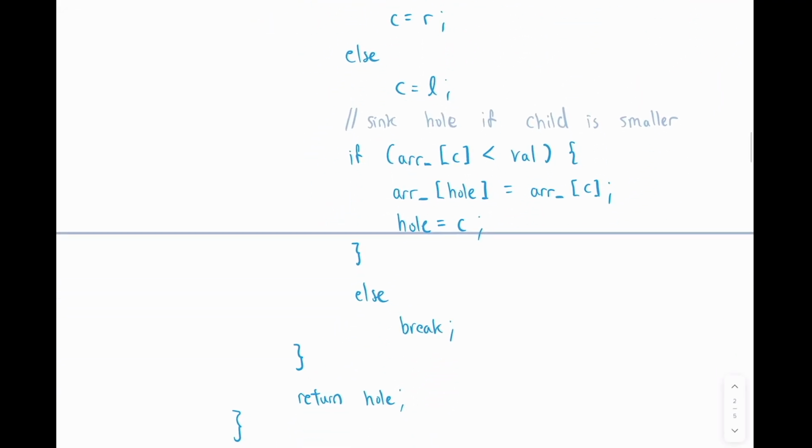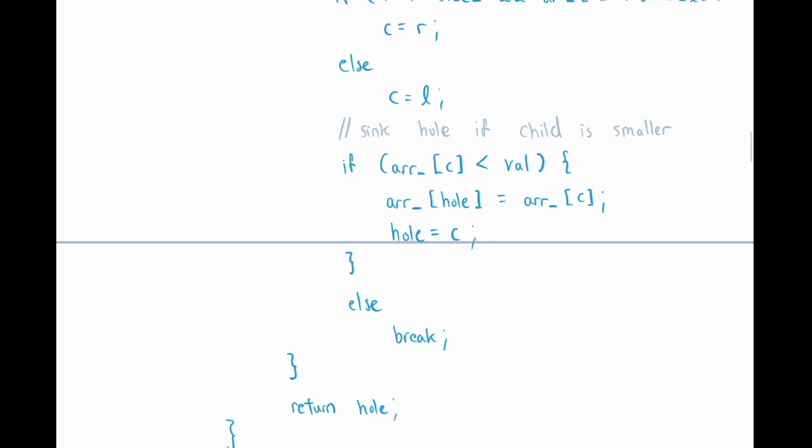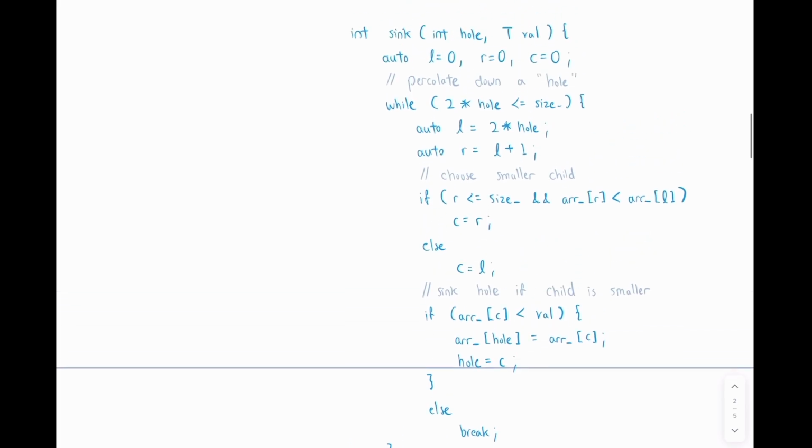So sinking the hole, and of course, one of them needs to be smaller. If they are bigger, then obviously there's no need to sink. So this just sinks the hole. The chosen one, if it's less than the value, you will sink the hole. And that's the usual thing that we've seen before. And let's just look at the example.